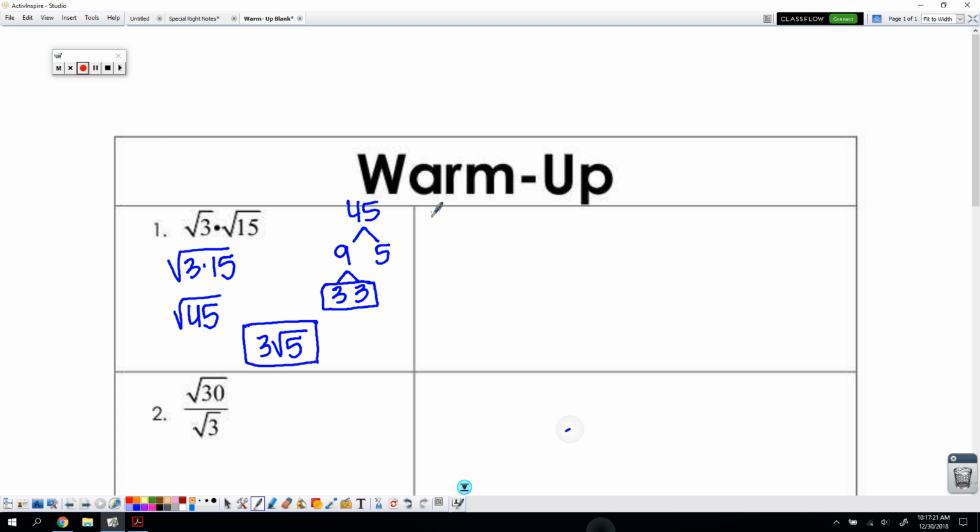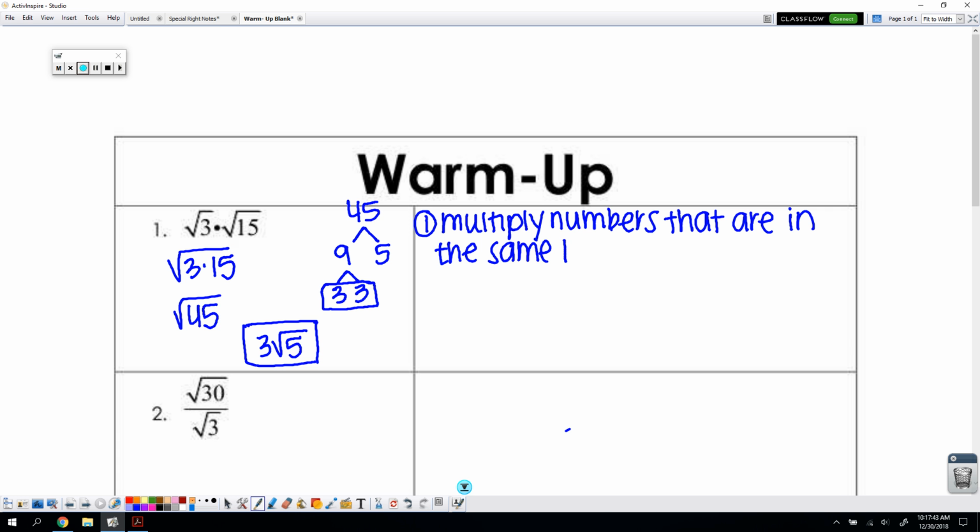All right? So step 1 is going to be multiply numbers that are in the same location. What I mean by that is if you see numbers on the outside of your radicals, you can multiply them together. So if you had like 2 square root 3, 7 square root 15, you would do 2 times 7 because they're both on the outside.